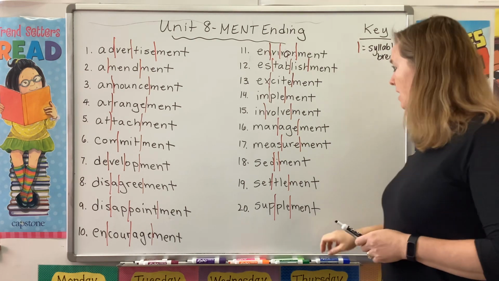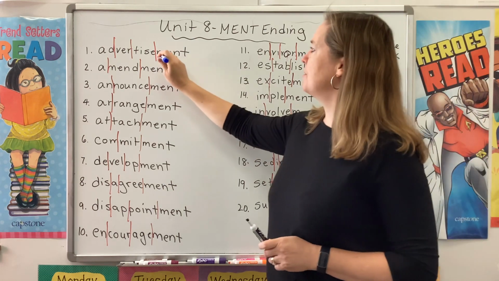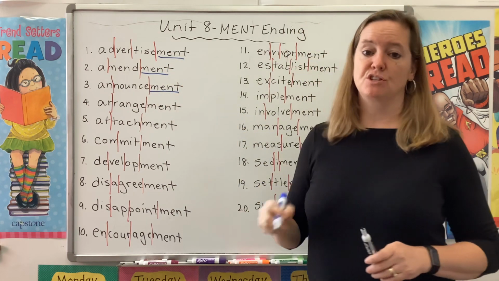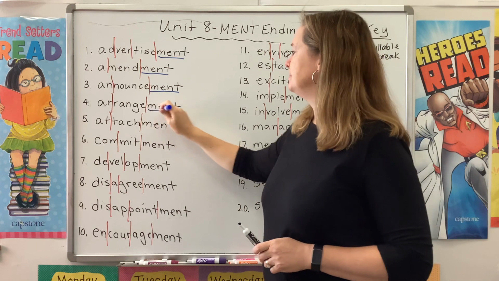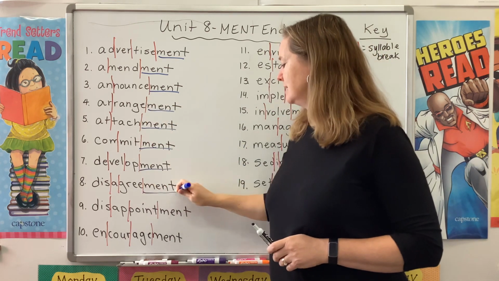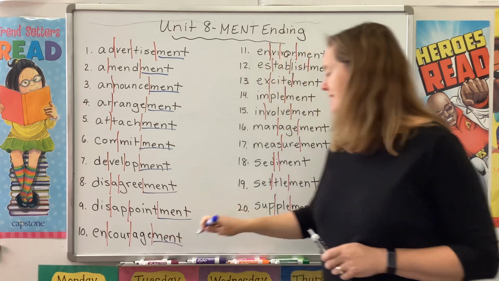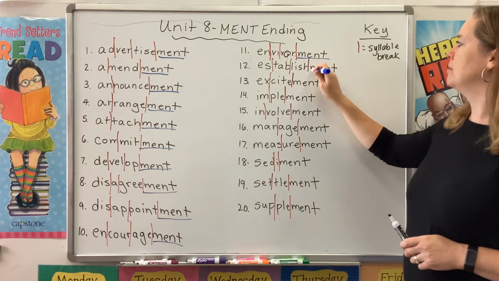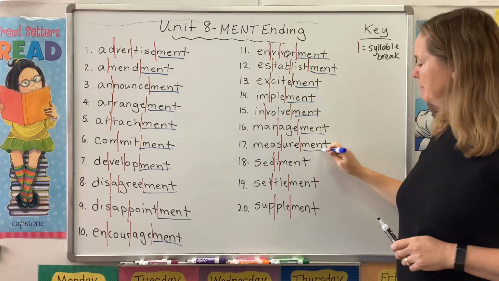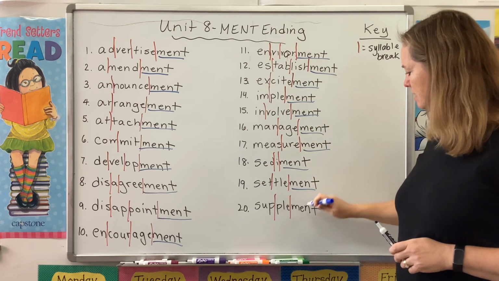Now choose another color and just go through and underline your derivational suffixes. Okay, see how that's just tacked on? It's spelled exactly the same. You guys are going to have no problem memorizing this ending because you're going to spell it a million times this week.